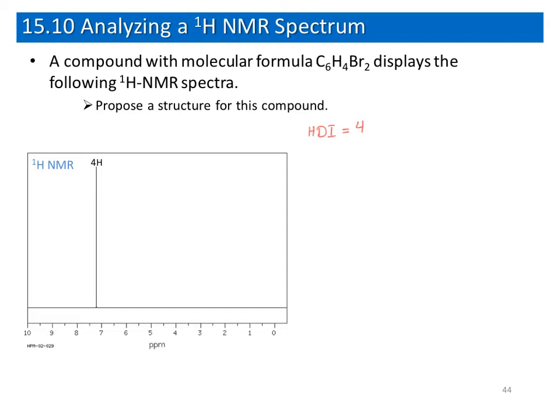Now whenever you have HDI equals 4, in the back of your mind you should recognize it as a benzene ring. It doesn't have to be the benzene ring, but the majority of the time it is the case. So the benzene ring has this structure.